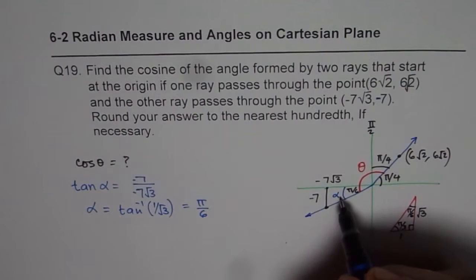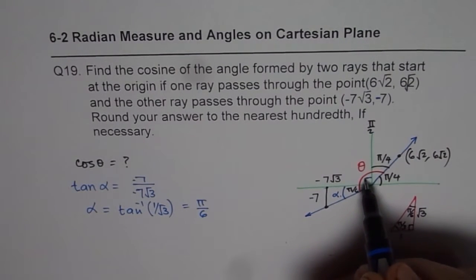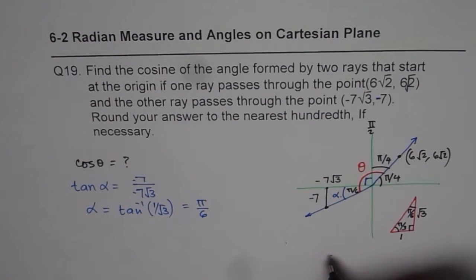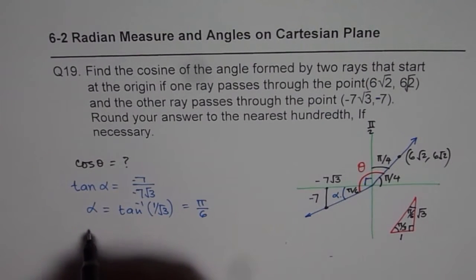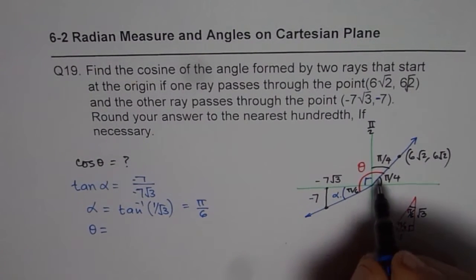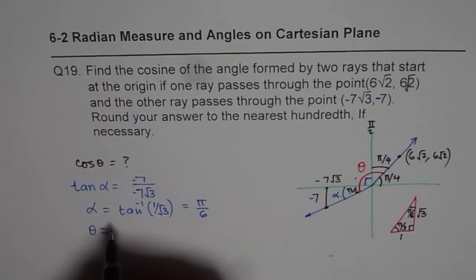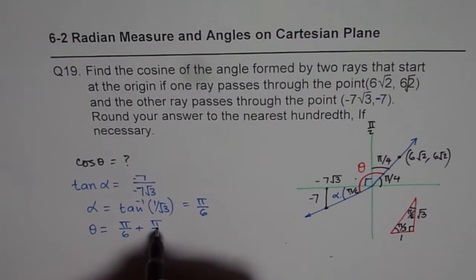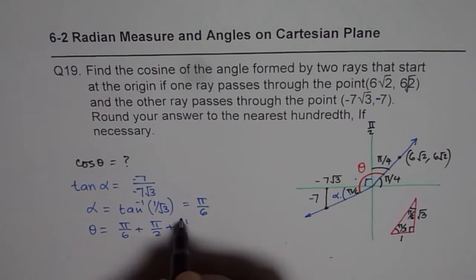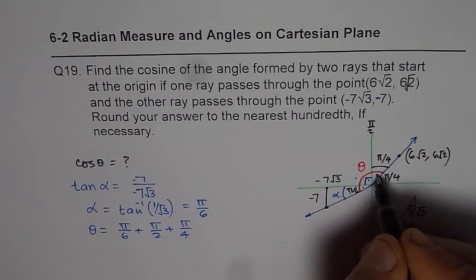Now if alpha is pi by 6, then we know this angle is 90 degrees for us, correct? Therefore, the total angle theta is equal to pi by 6 plus 90 plus pi by 4. So pi by 6 plus pi by 2 plus pi by 4.